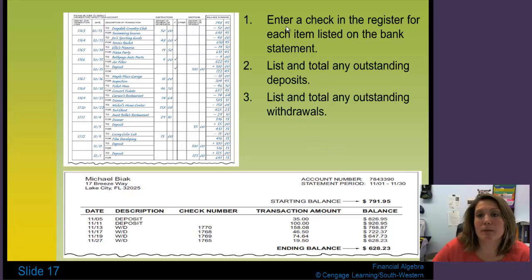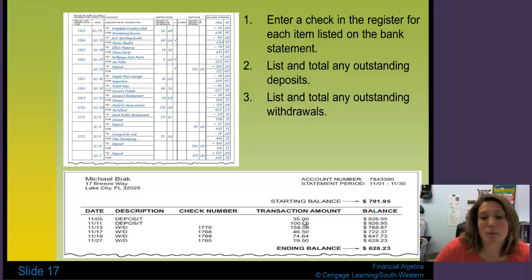So how do we do this? Well, the first thing we do is we enter a check in the register for each item listed on the bank statement. So you'll see that some were already here. Those blue checks that are already there mean that they were on the last bank statement that he had. We're going to then list and total any outstanding deposits, and then list and total any outstanding withdrawals.